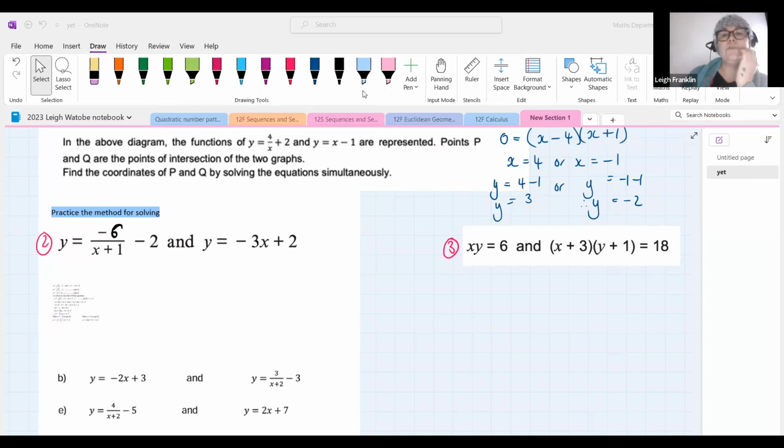Okay, Mesh, you can also try the extension question number 3, if you've done with number 2.